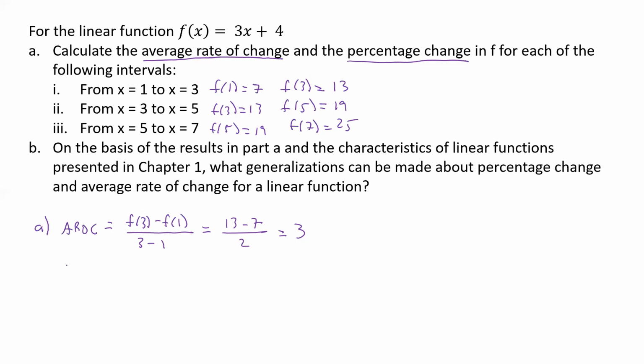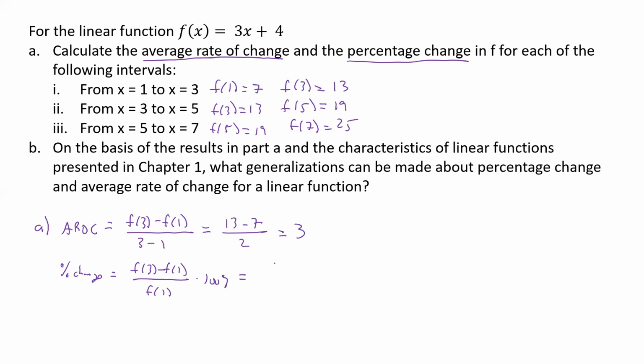Now, what about the percent change? Percent change is going to be equal to f of 3 minus f of 1, all over f of 1 this time, and then times 100%.